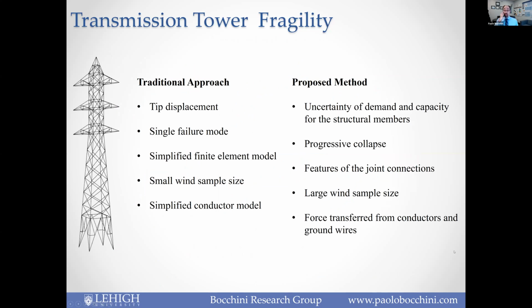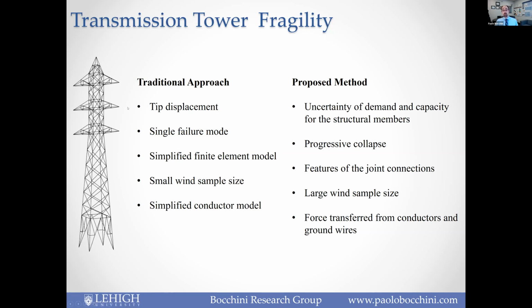Other examples of work that we had to do specifically to build these fragilities for towers was to go against the traditional approach of studying just tip displacements, because they are a very good metric of the global behavior, but the failure of these towers is normally driven by local buckling. And so we had to do element-based analysis to capture this.